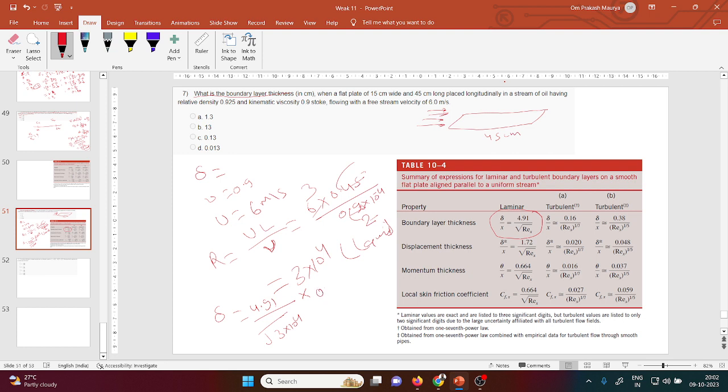X is 0.45. If you calculate, your answer is 0.013, right? Option D is correct for that.